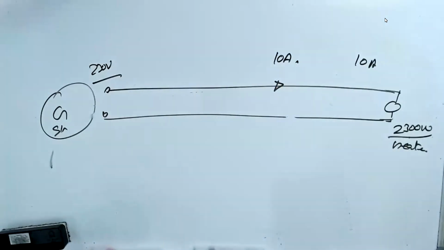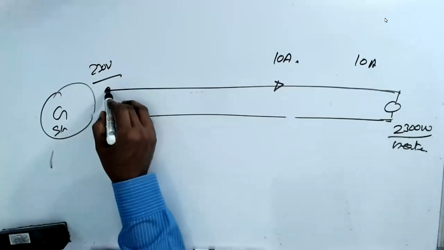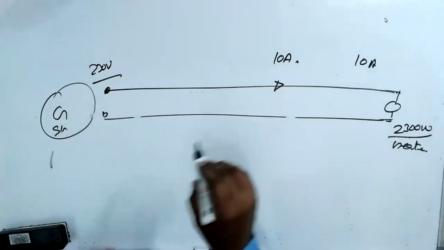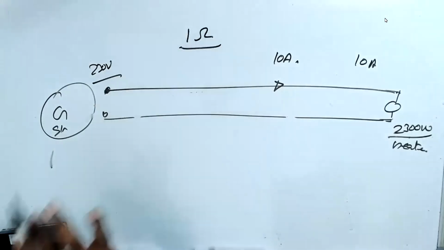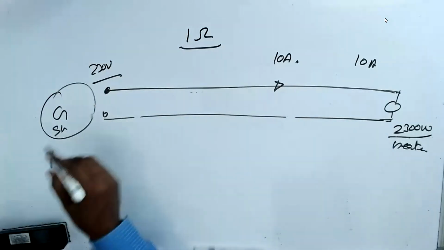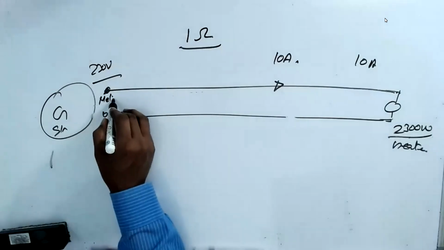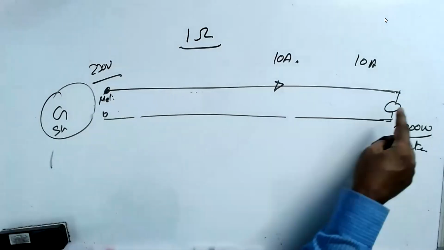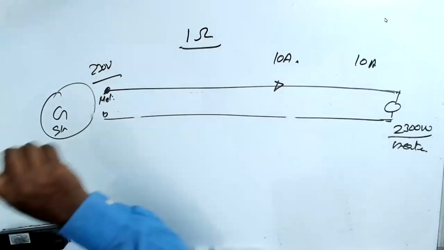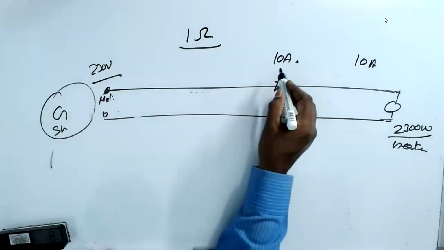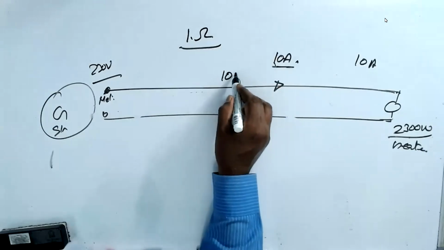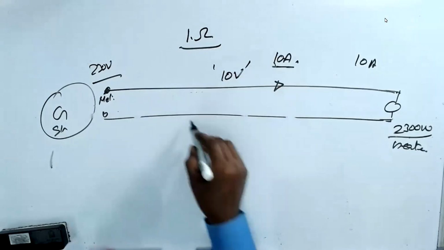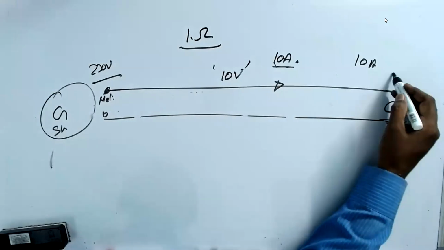Now, assume the wire resistance from Mettur to your house is 1 ohm. Then 1 ohm into 10 ampere, the drop is 10 volt here.